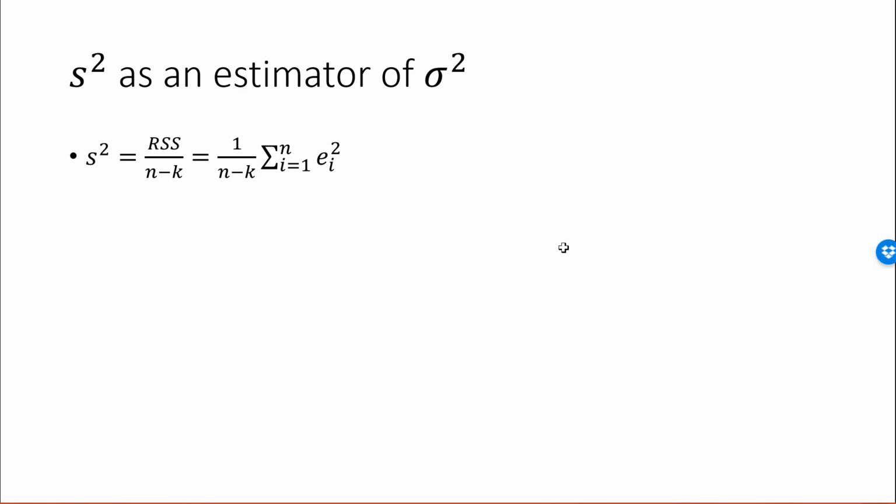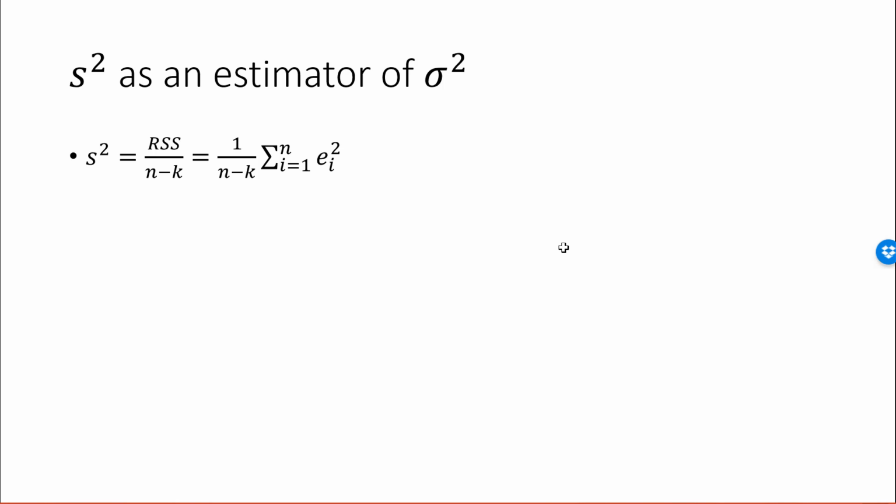So you can see that this formula works even in the case when you have one explanatory variable. If you have one explanatory variable, then you have two parameters. So in that case, k is 2. So the formula becomes RSS over n minus 2 in that case. But this formula works even if you have several explanatory variables.